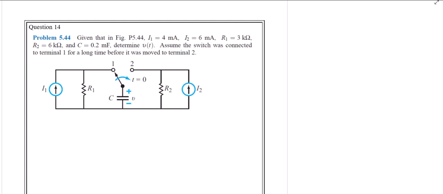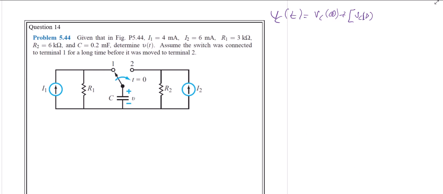So your driving formula that you're going to use for capacitors is this one. Vc of t equals Vc at infinity, because that's its steady state, and then the part we're going to put in parentheses here is the part that changes, plus Vc at 0.